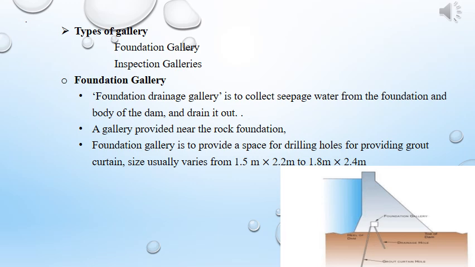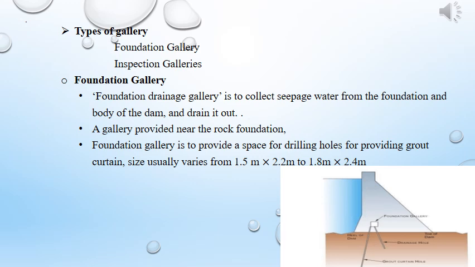Seepage of water takes place through the foundation from the upstream side of the gravity dam to its downstream side, exerting uplift pressure that reduces the effective self weight of the dam. This uplift pressure can be relieved by drilling drainage holes through the galleries to a sufficient depth into the foundation.